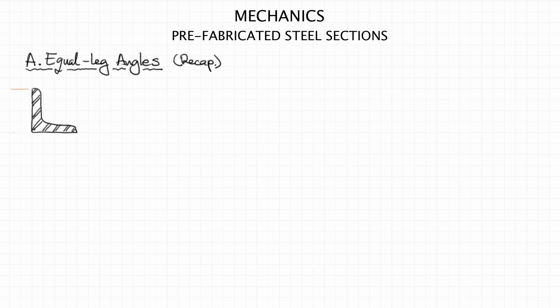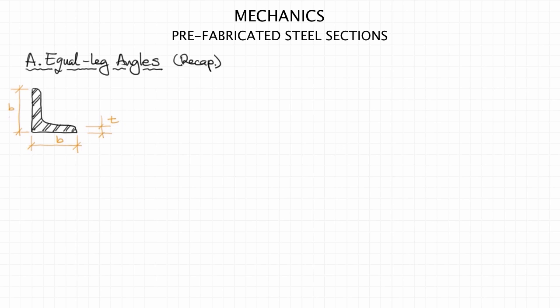This is a steel section that has the shape of letter L, and when the two legs are equal, it means that the dimensions denoted as B in this picture are the same.